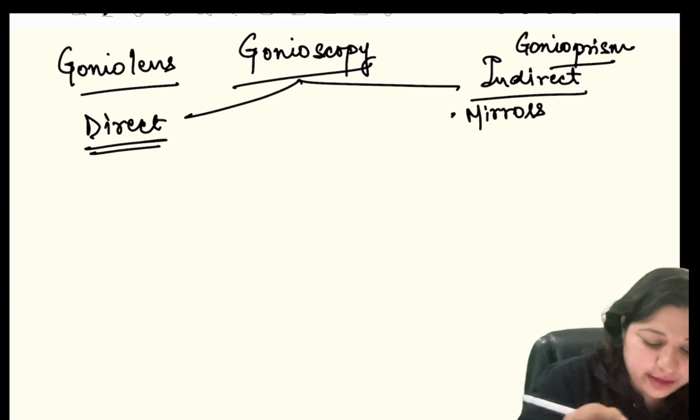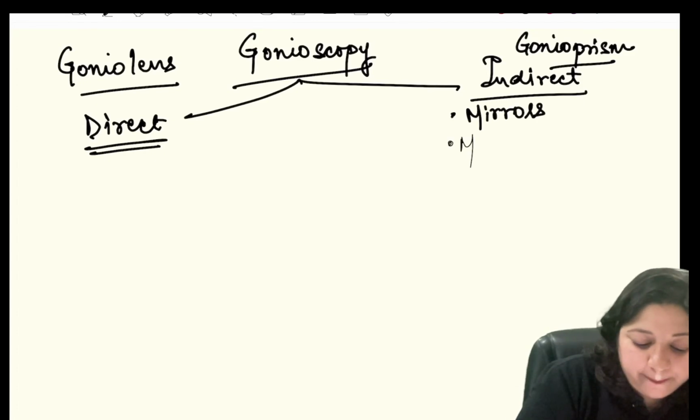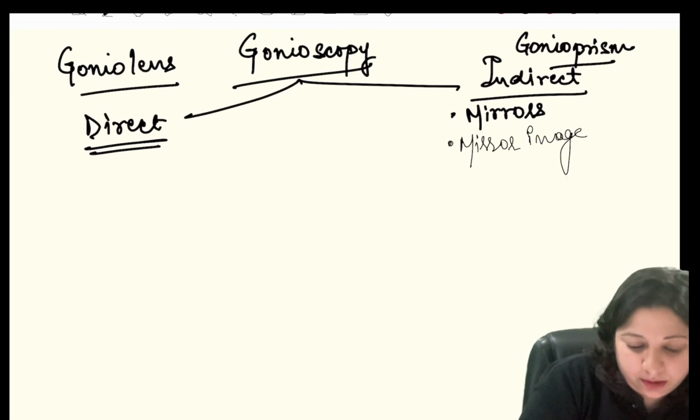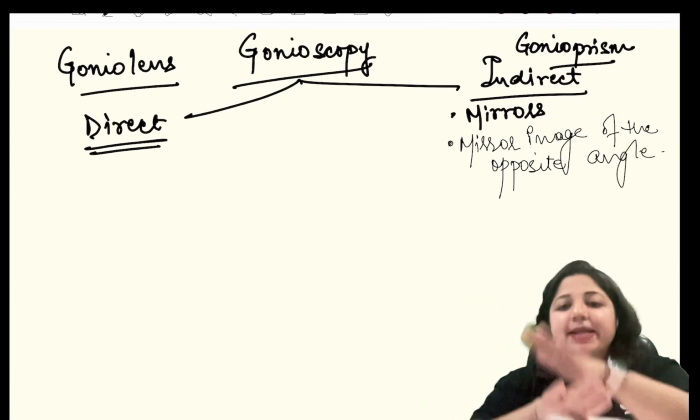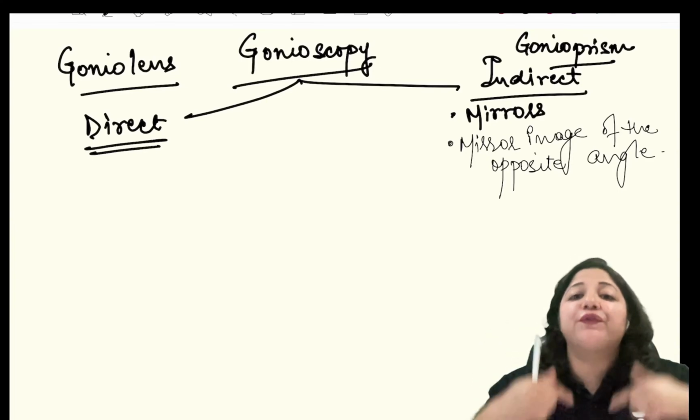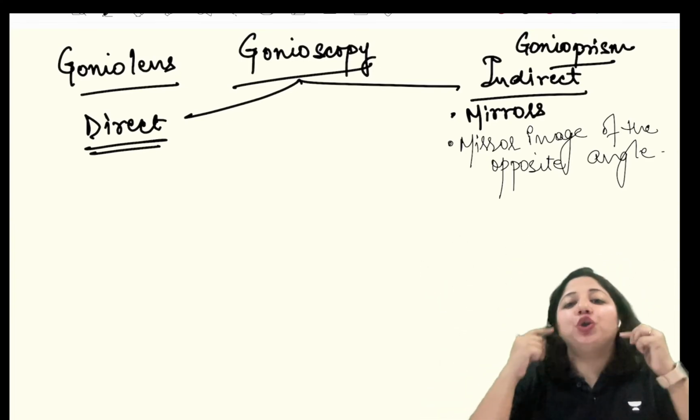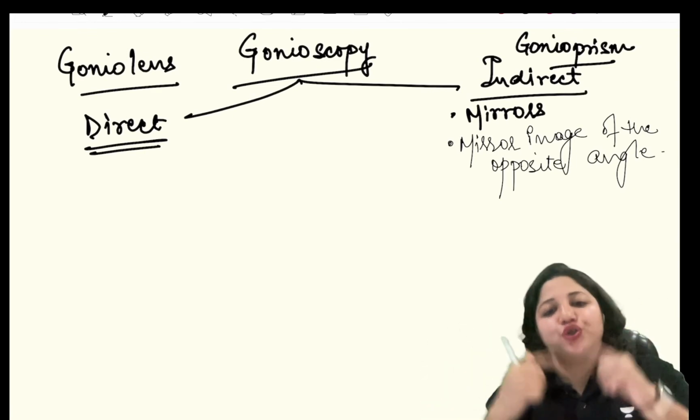And since they have mirrors, they give you a mirror image of the opposite angle, right? So now you don't have to stress. I don't need to stress more on this. There is a mirror image. One thing, it is inverted. It is literally inverted of the opposite angle, right? You are seeing the opposite angle, but that image is also inverted.